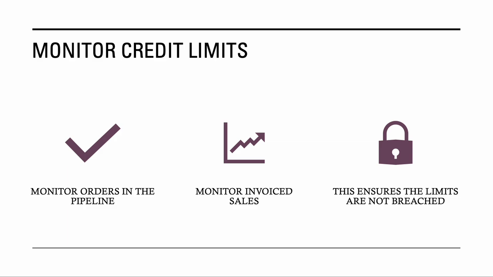For this, as a management professional, I will be looking into 2 key elements. One is my orders in the pipeline. So going back to the water bottle example, now I need to monitor how my business is going. As I mentioned, on 1st of April, I have sold 100 bottles for $10 each.